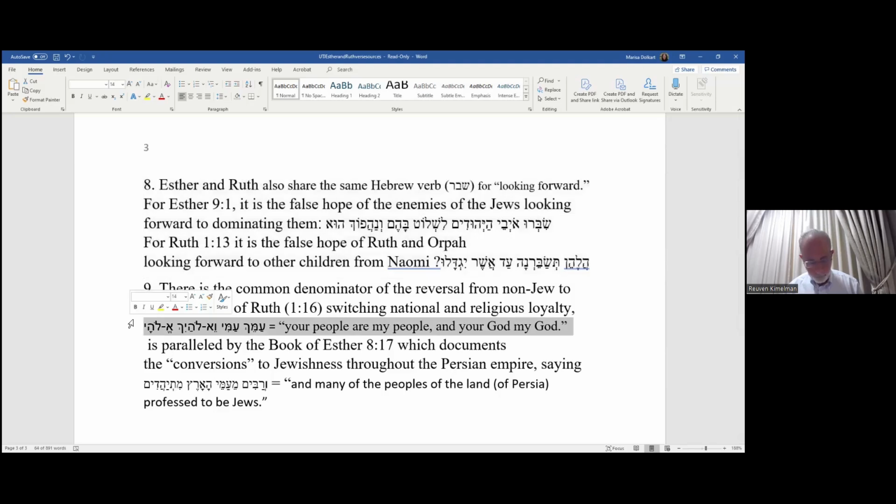In the end, the prominence of the younger hero, Esther and Ruth, yields to the older mentor, Mordecai and Naomi. The plot of the book of Ruth begins and ends with Naomi. She begins as the mother of Ruth's husband and ends as the mother of Ruth's child, almost edging Ruth out.